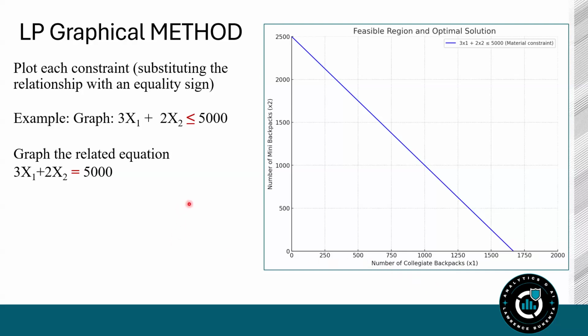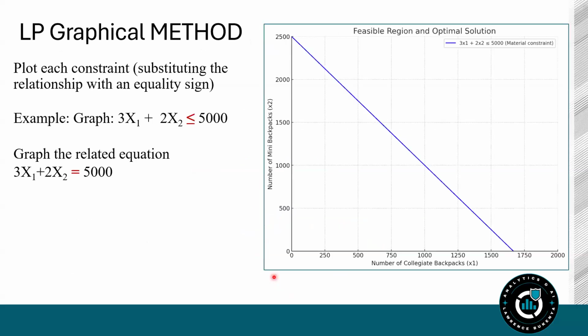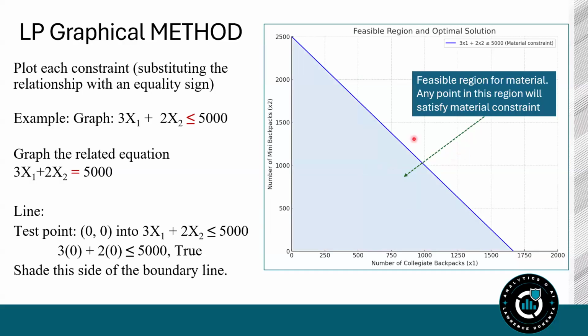And then that process is repeated for all the other inequalities that we have, all these equations that we have. Then after you plot each line, you have to indicate which region is needed. And the way we test that, you can pick one of the points on either side of the equation.